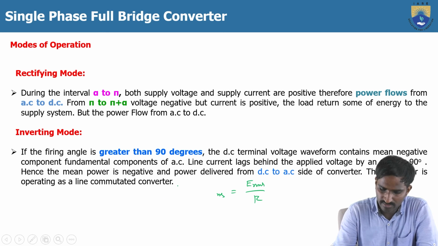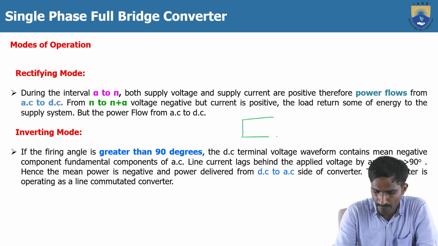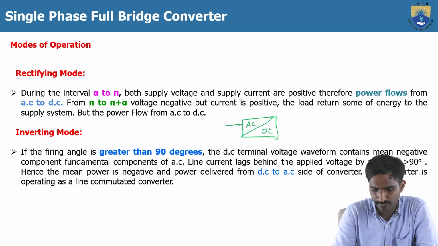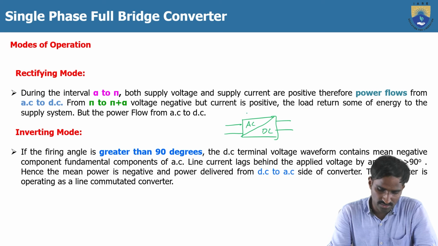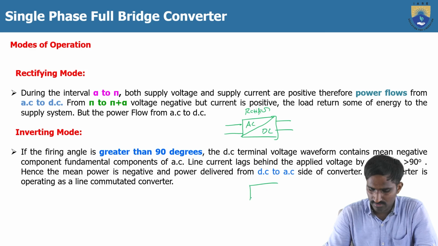Because, as we know, when it is a rectifier, it means AC to DC. Okay, this is the rectifier. And when coming to the inverter, it is the opposite, DC to AC.